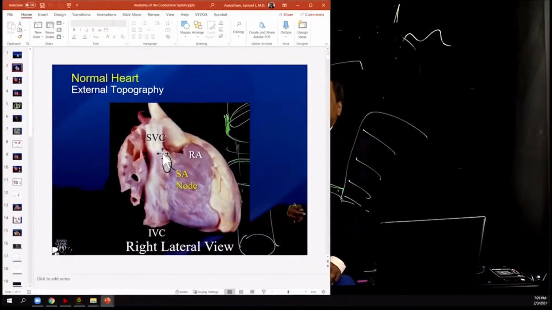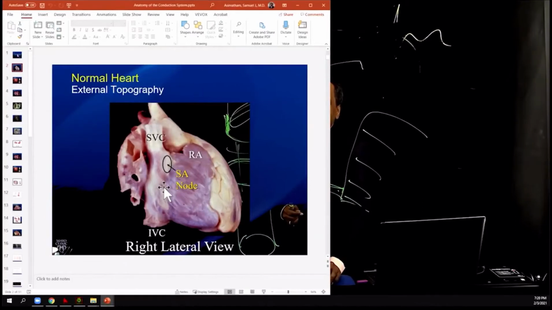So if I just bring this up here. How do we get re-entry around this site? Because it's a very important question, you almost certainly would worry about damage to the sinus node. But the only way this happens is if there is scar inferiorly.